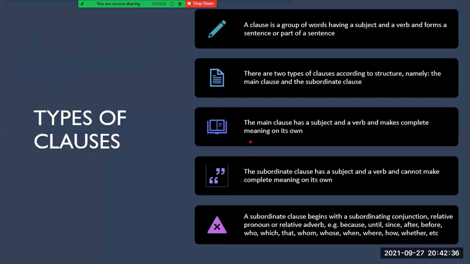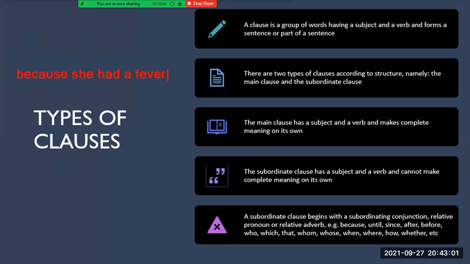Okay, so having said that, let's now move ahead to the subordinate clause. The subordinate clause has a subject and a verb and cannot make complete meaning on its own. And we illustrated this with the clause because she had a fever.